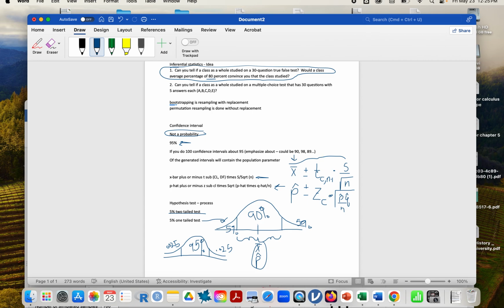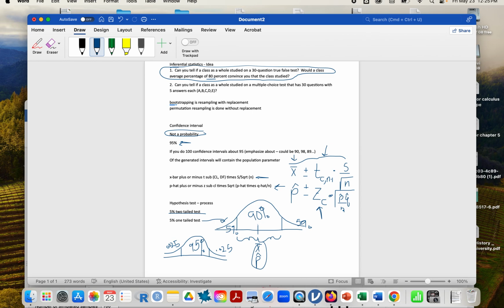In the world of sampling for means, it's the t-distribution, and in the proportion world, it's the z-distribution. Then it's the sample standard deviation divided by the square root of the sample size. For proportions, it's the square root of p hat q hat divided by n.